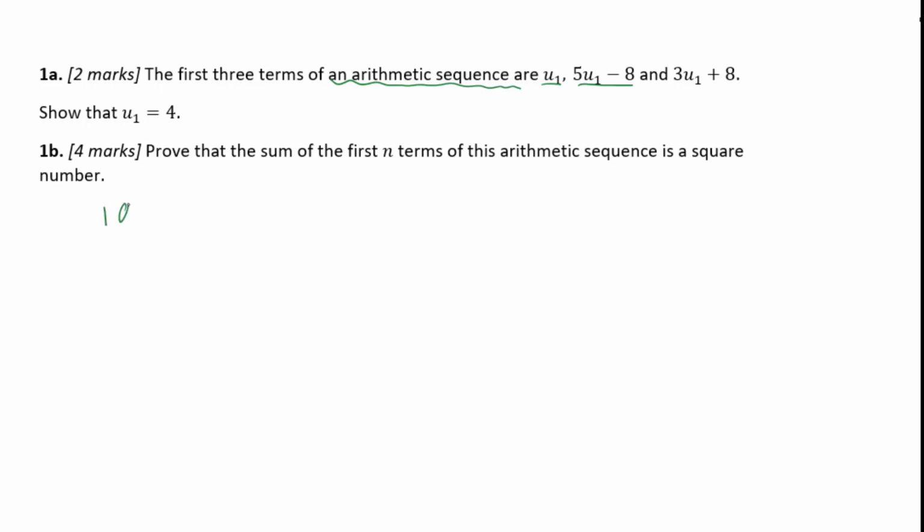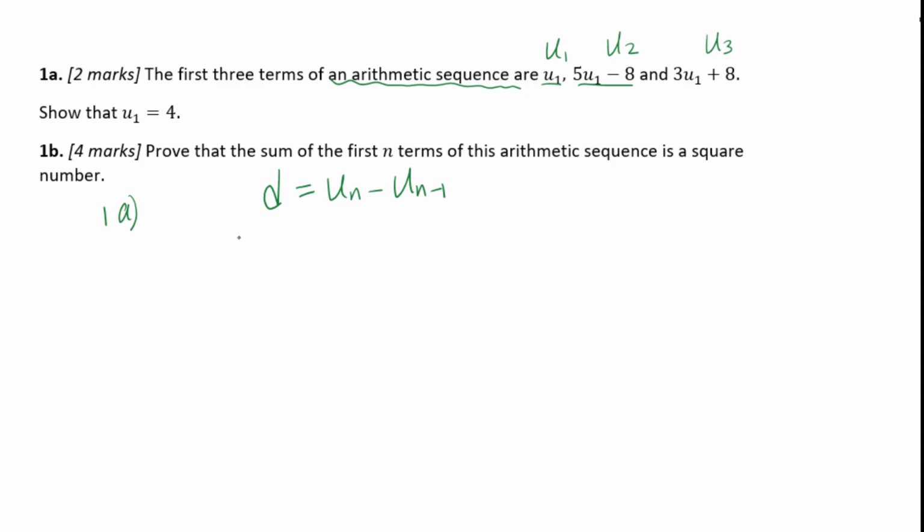Since this is an arithmetic sequence, we know the common difference d equals u sub n minus u sub n minus 1. Therefore, this is u sub 1, u sub 2, u sub 3.